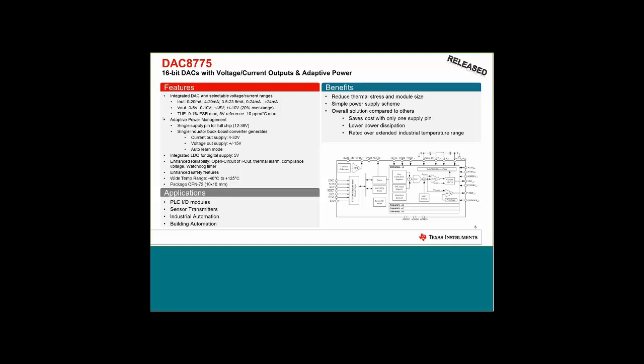Auto-learn mode is a little bit different, where if you didn't know the load but wanted to operate in clamp mode, the device automatically detects what the load impedance is and then automatically sets the clamp voltage to an appropriate voltage to drive that load.